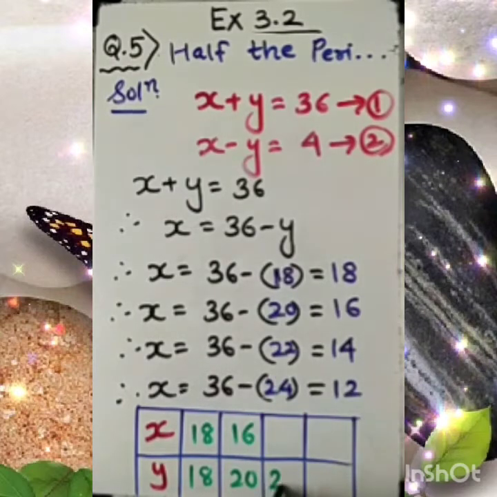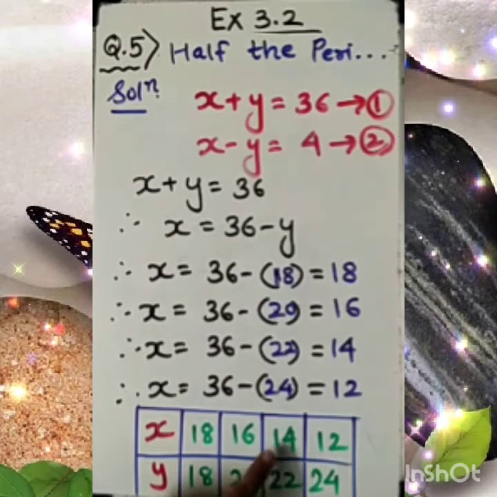Then 22, here it is 14. Then 24, here we will have 12. So this is the important table, and these points we need to locate on graph paper: 18, 18; 16, 20; 14, 22; and 12, 24. All of them will come in the first quadrant. Clear to you?